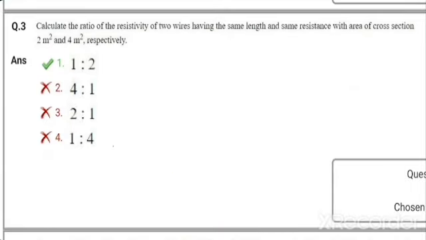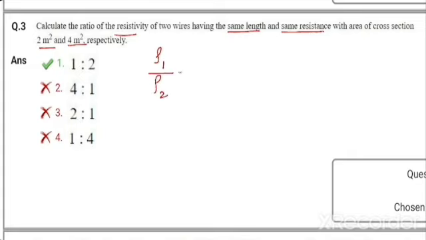Question number 3. Calculate the ratio of resistivity of two wires having the same length and same resistance, with area of cross section 2 meter square and 4 meter square respectively. Let the resistivities be rho 1 and rho 2.